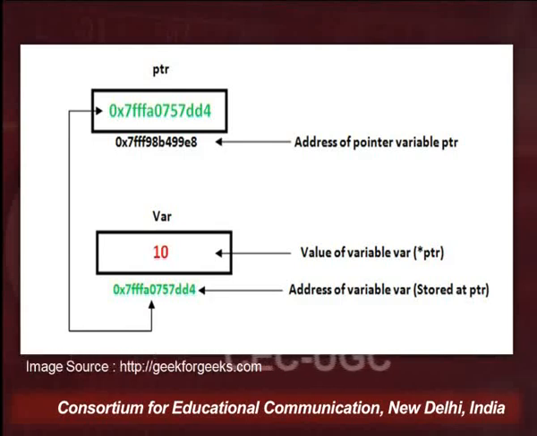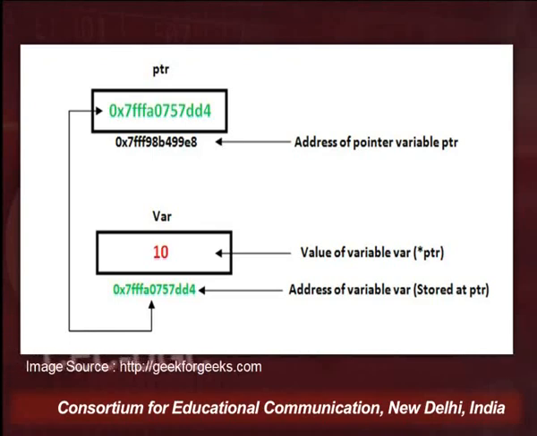And here you can see there is a different address for the pointer variable. That's perfectly possible, and desirable too, because each and every variable is given an address. Pointers are also variables, although special variables, so they will have their own address.